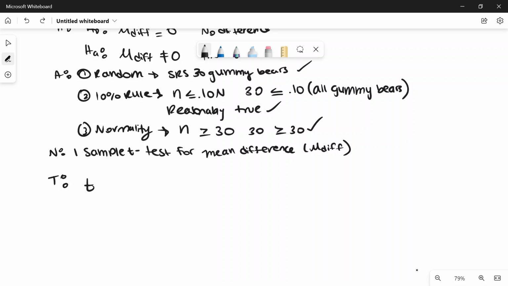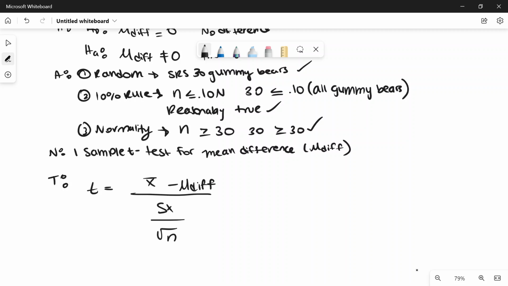So t is equal to... I know down here is s over the square root of n. But then here we have mu difference minus x bar.